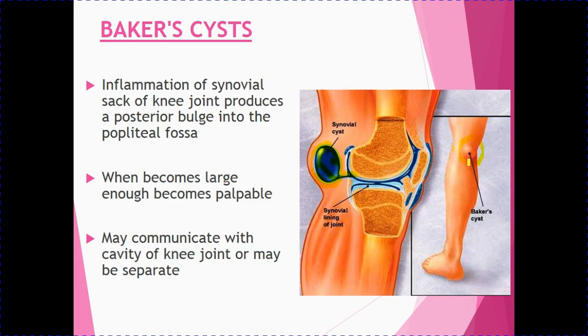When it becomes large enough, it becomes palpable. This cyst may communicate with the cavity of the knee joint or may be separate. It is actually the inflammation of the synovial sac of the knee joint, called Baker's cyst.